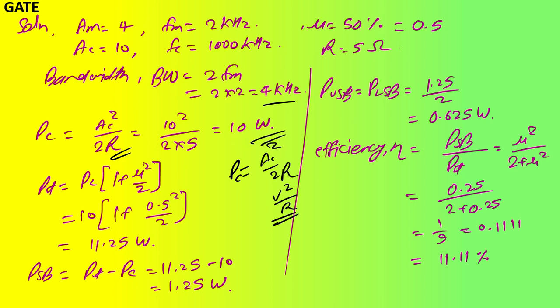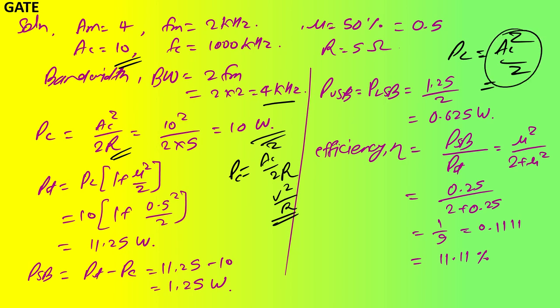What about the total power of the amplitude modulator? The total power of the amplitude modulator we have been calculating for the past 10-12 questions. So PT is equal to PC into 1 plus mu square by 2, where PC we just calculated as 10. Please do not use PC is equal to AC square by 2, otherwise you will get 10 square by 2, that is 50 watt.